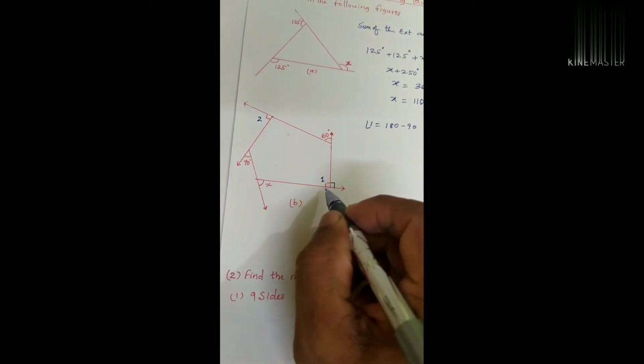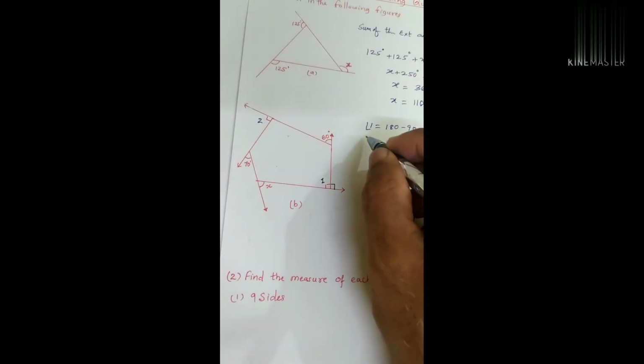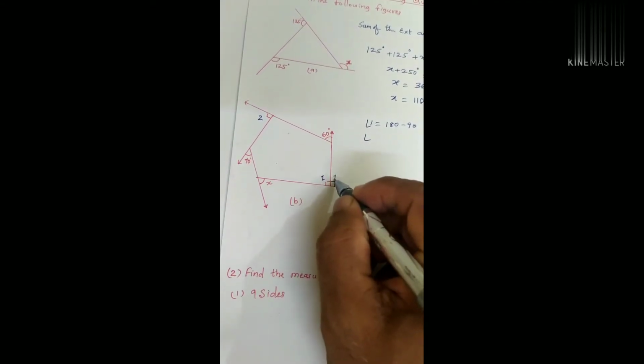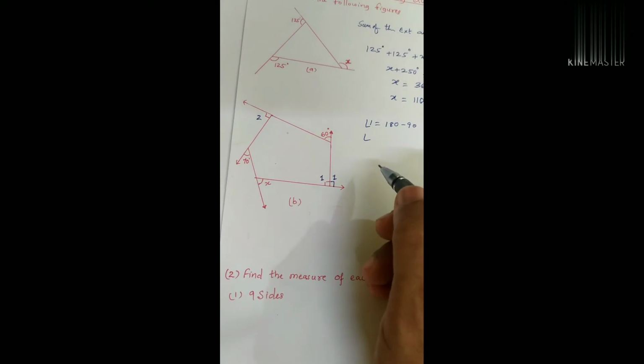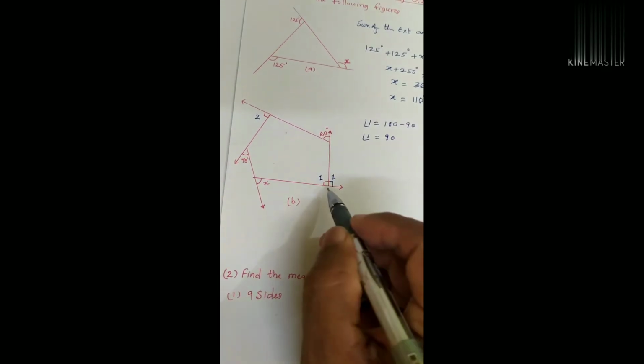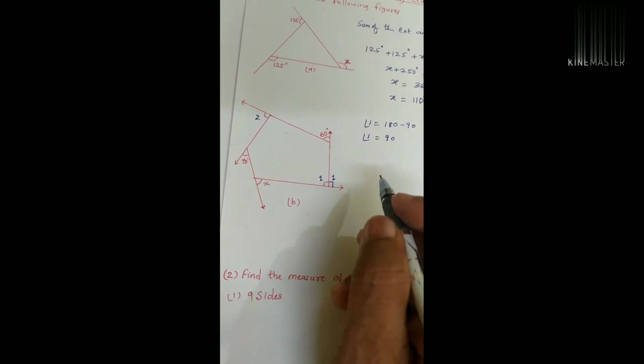So this is 90, therefore angle 1 is also equal to 90. Angle 1 plus 90 is 180.